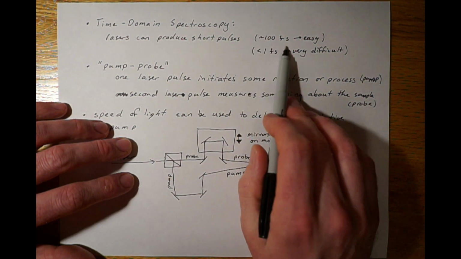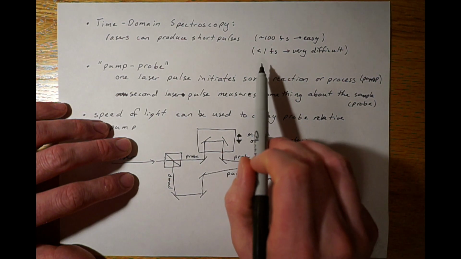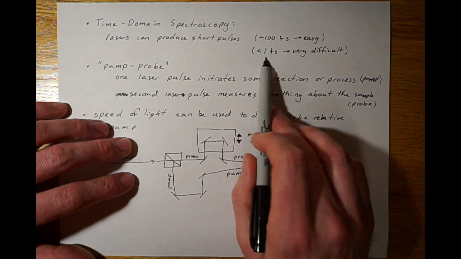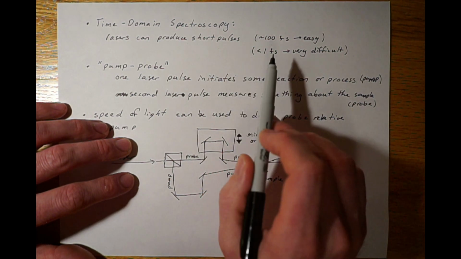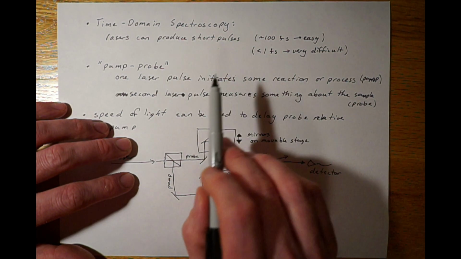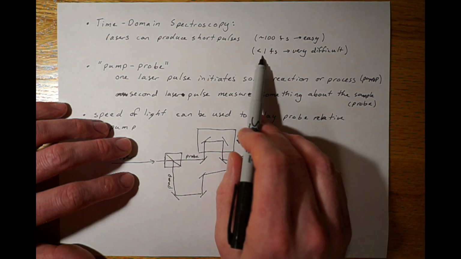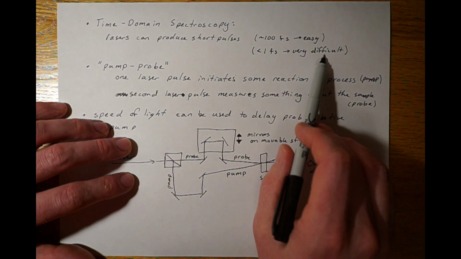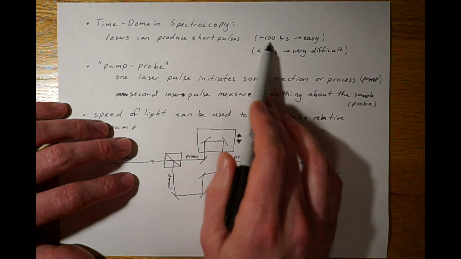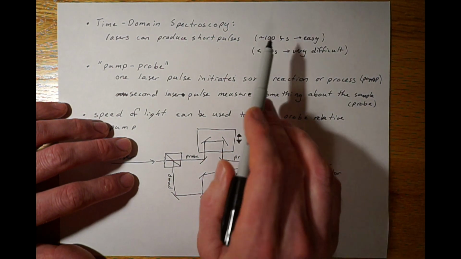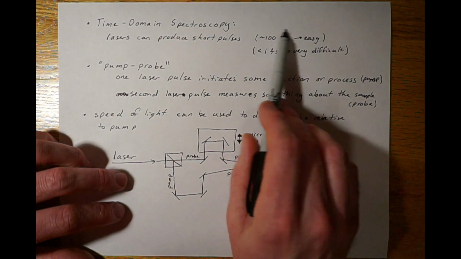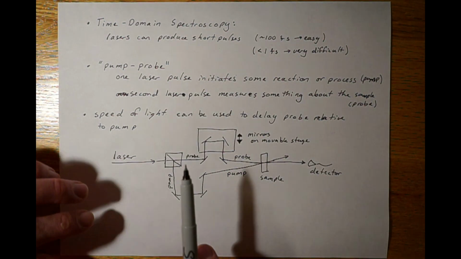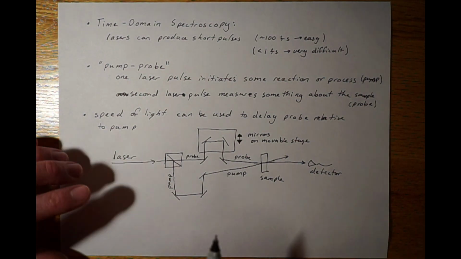If we want to look at really fast electronic processes, we can go even shorter, and nowadays it is possible to build a laser that produces pulses shorter than about a femtosecond. However, that's extremely difficult. And we can really already get quite a lot of information out. Most information we can already get out in this 100 femtosecond or so regime.